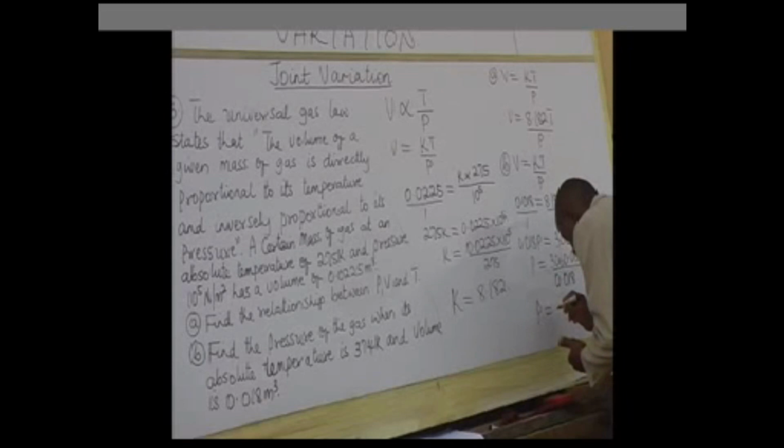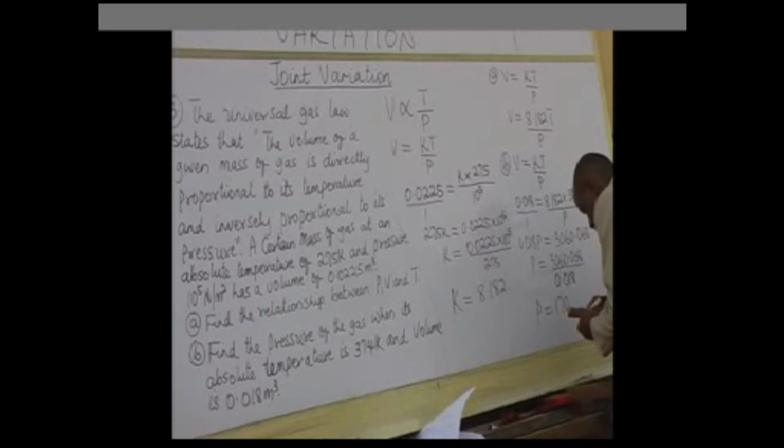That means our P is 170,003.8 Newton per meter squared. And that has answered part B of question number 3.